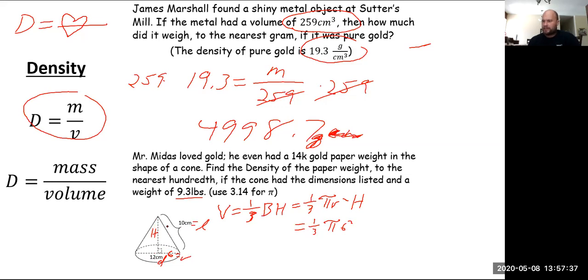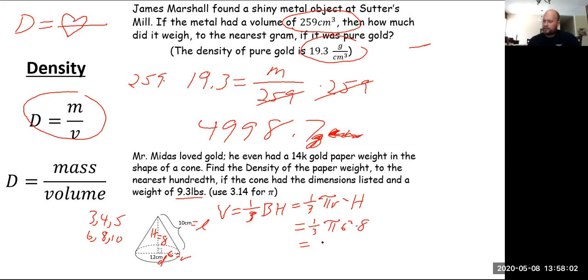We have a right triangle, and it takes the shape of one of our Pythagorean triples. This is our 3, 4, 5, that's been doubled: 6, 8, 10. So the missing dimension here, the height, should be 8. We're going to plug that in, and then we can solve this problem.